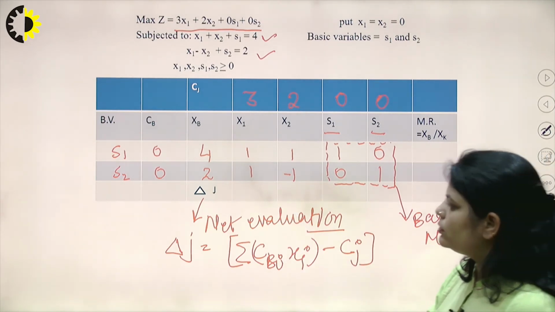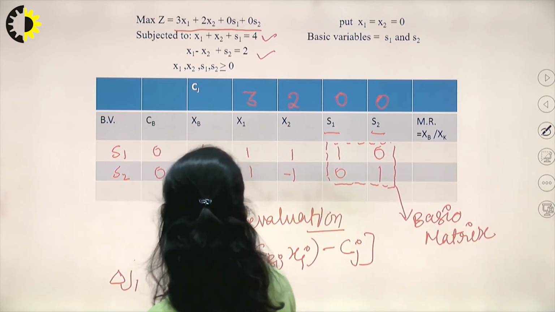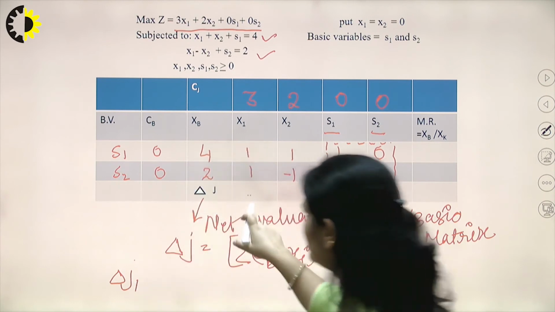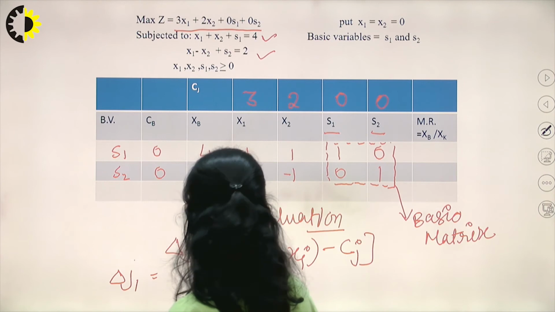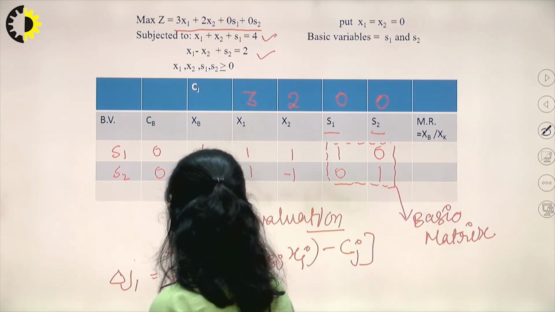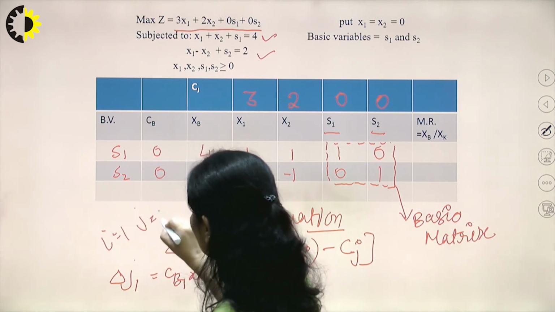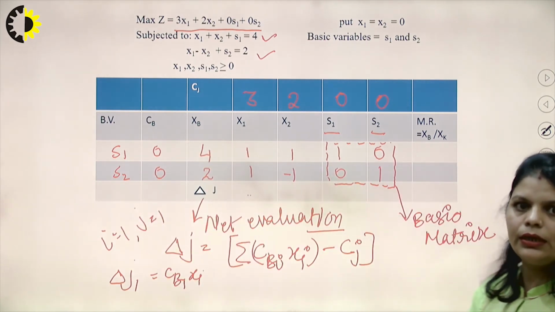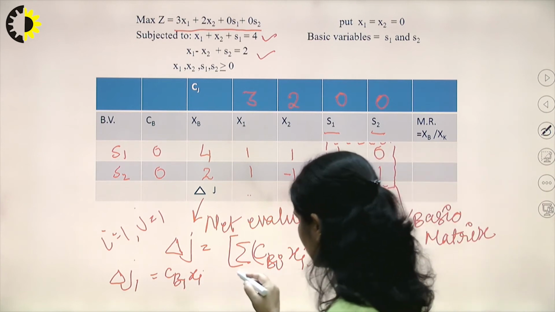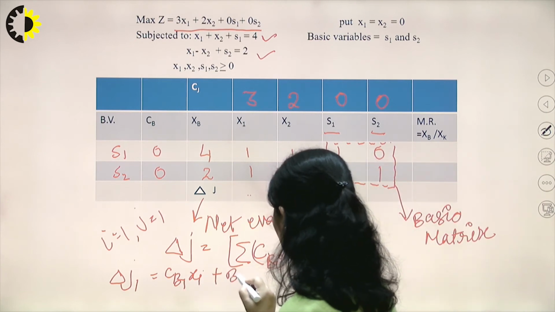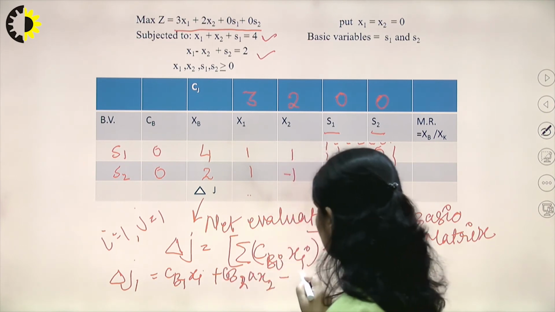So if we consider delta J1, meaning this one for x1, it will become CB1 x1 when i is equal to 1 and j is equal to 1. Clear? So we will get CB1 into x1 plus CB2 into x2 minus C1.